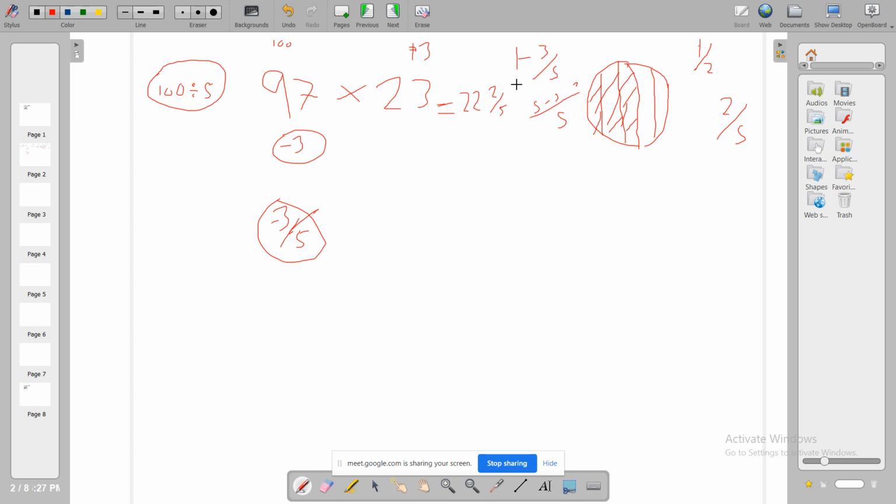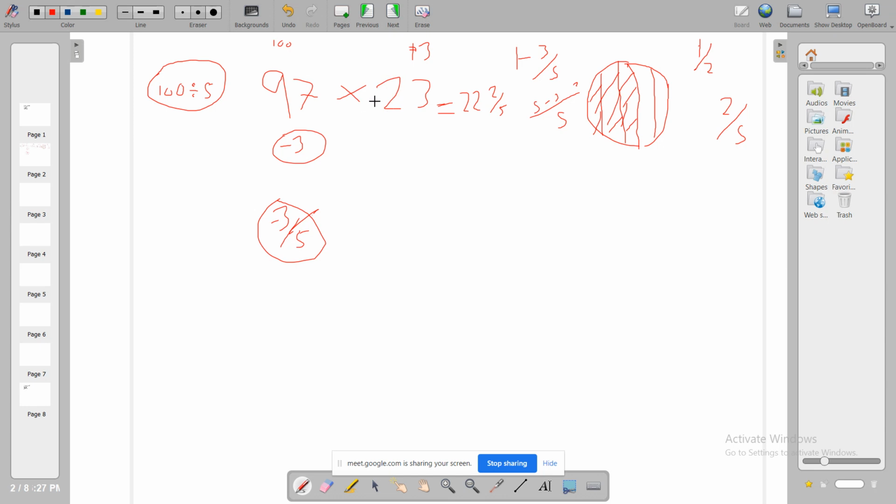Are you okay? Okay, so now that we've gotten this part, we are going to multiply by the main reference number, which is 100. We want to get this, so now I'm going to multiply 22 and 2 over 5.